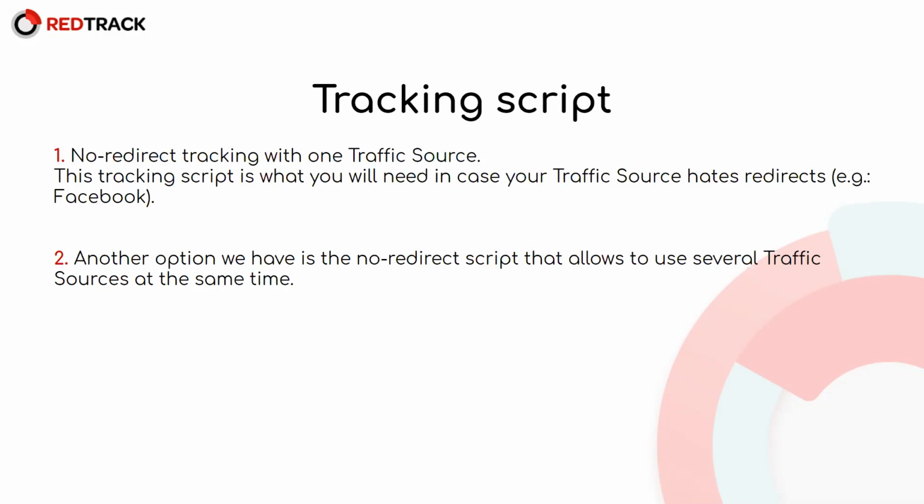Another option we have is the no redirect script that allows you to use several traffic sources at the same time. With its help, you will be able to use the same lander for 3, 4, or even 5 different traffic sources, including Facebook and organic traffic. We do have guides on both no redirect methods, so you can check them anytime and set your campaign the way you need.